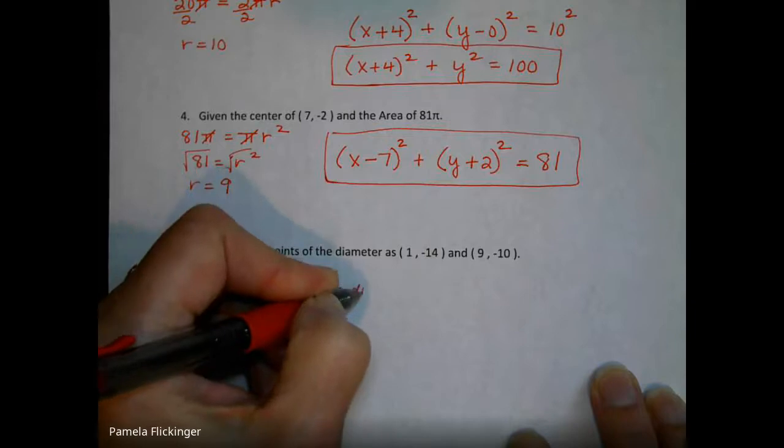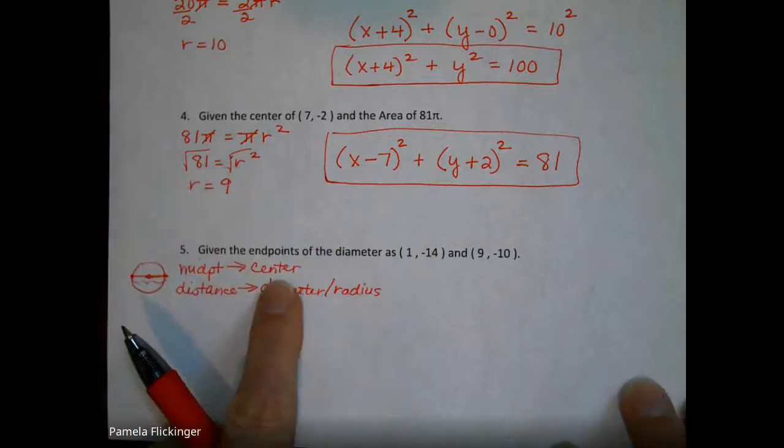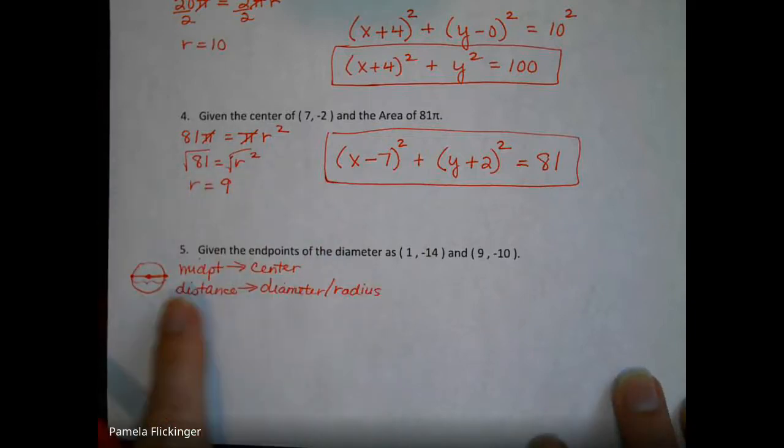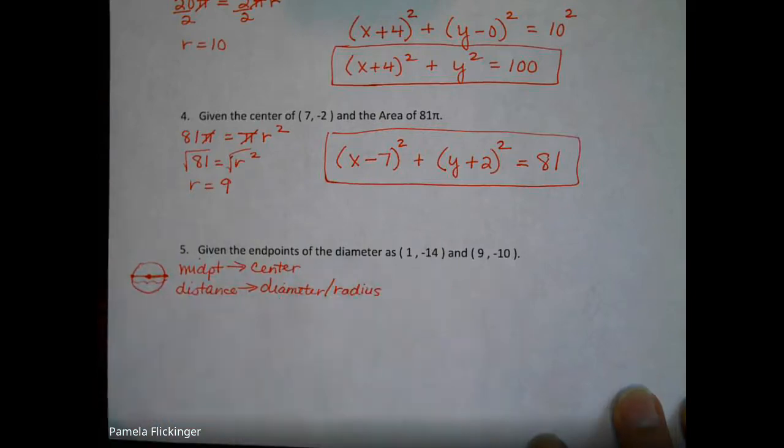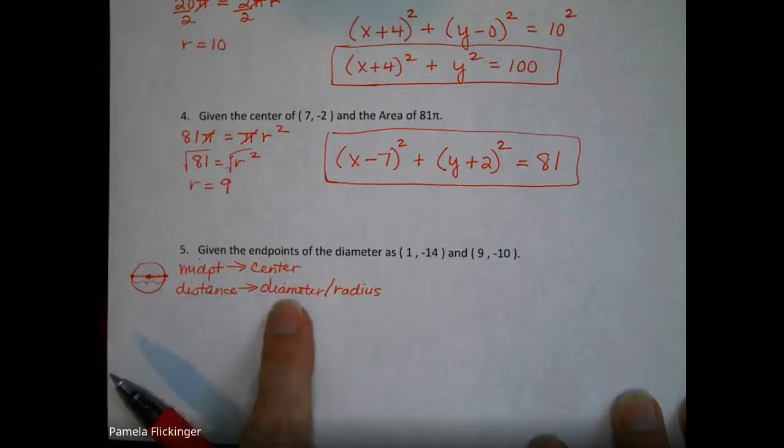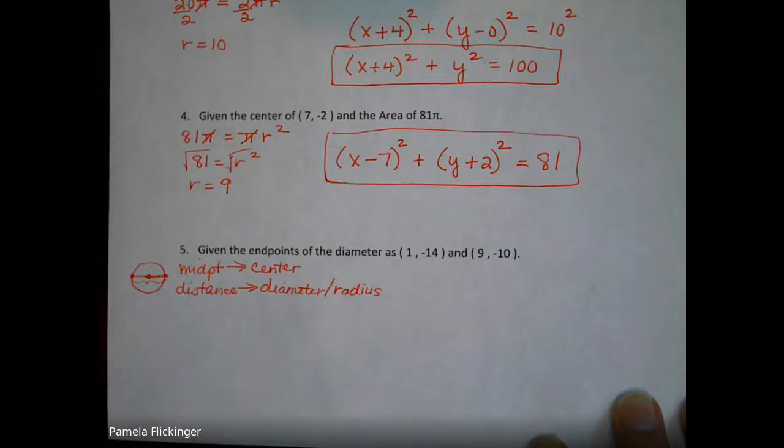I'll give you a little hint: if you find the center first, then you can do the distance from the center to either one of these points to get the radius. Or, as I said before, you can do the distance using these two points, that would be the diameter, and then we'll cut it in half.